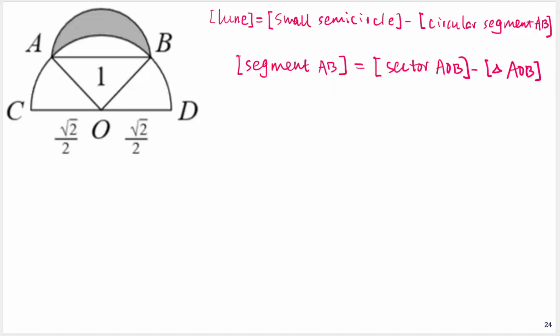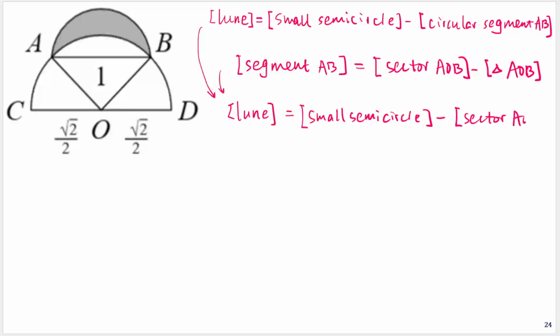So if we put these two equations together, the area of the lune equals the area of the small semicircle subtracted by the area of the sector AOB plus the area of triangle AOB.